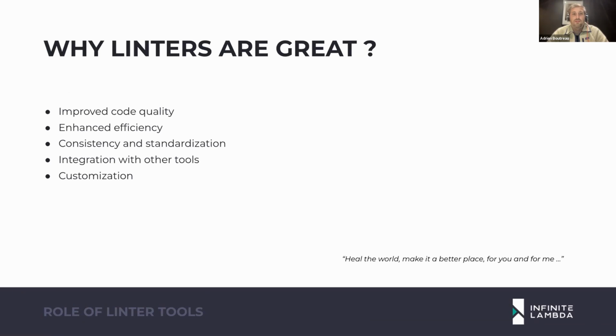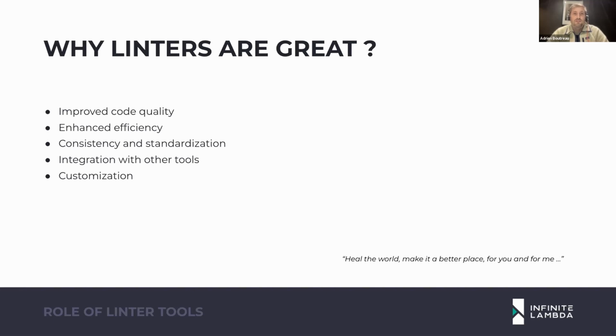Second point is about enhanced efficiency. Linters can also help speed up the development process by highlighting areas of the code that can be inefficient or unnecessarily complex. This can allow developers to streamline their code and make it more efficient. Third point is about consistency and standardization.